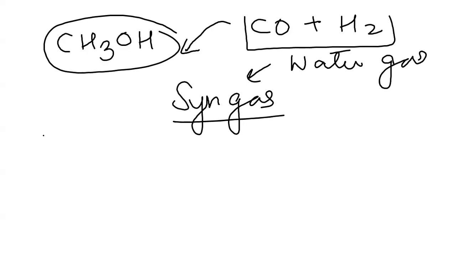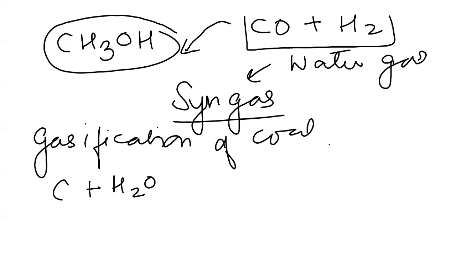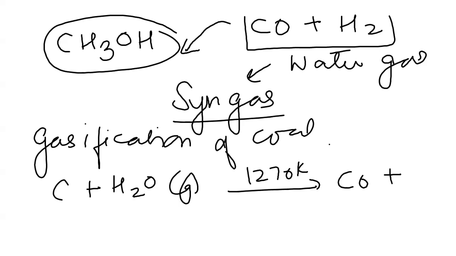So we have gasification of coal. Syngas means it is synthesizing a number of hydrogen. Gasification: carbon, when it reacts with water in the presence of 1270 Kelvin, produces carbon monoxide plus H2.